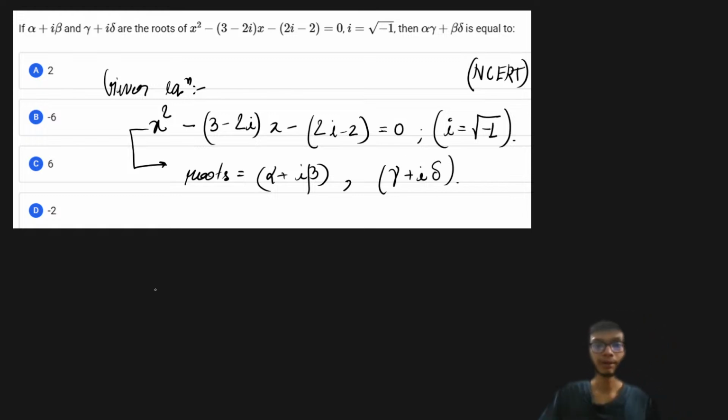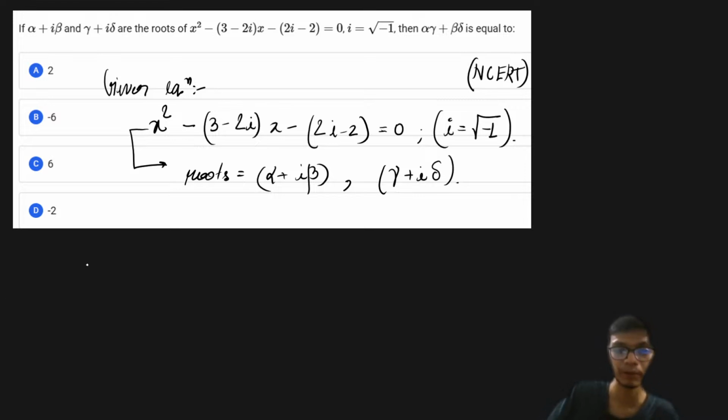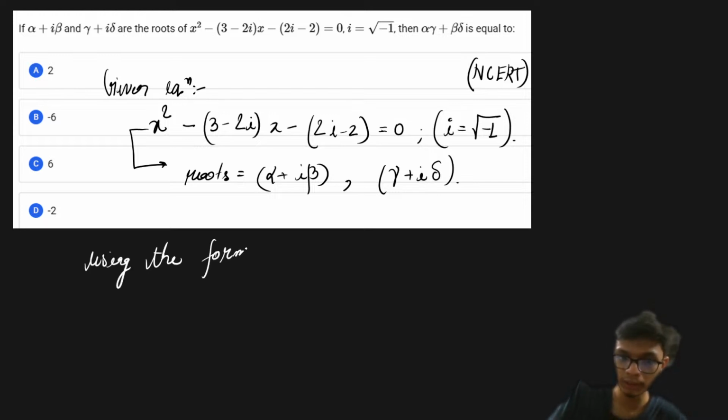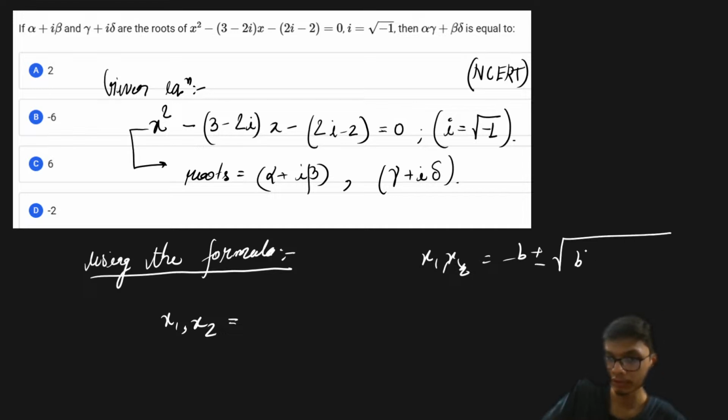Now we need to find the roots of this quadratic equation, so I'm simply going to use the quadratic formula. The analytical formula that I know is x1 and x2 are the roots, given by minus b plus or minus square root of b square minus 4ac, divided by 2a, right?